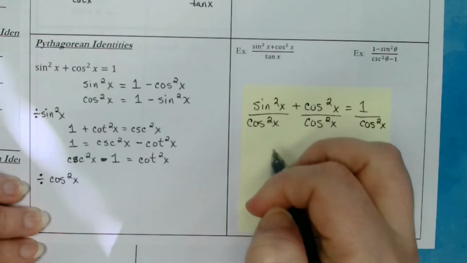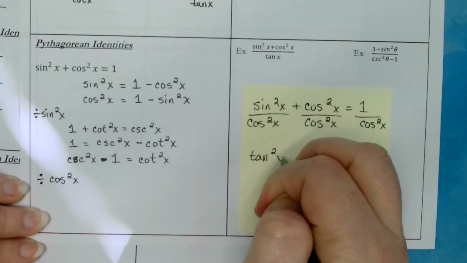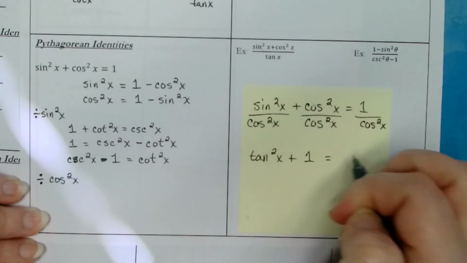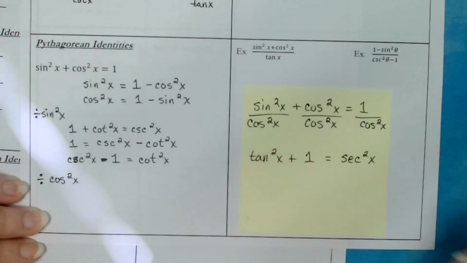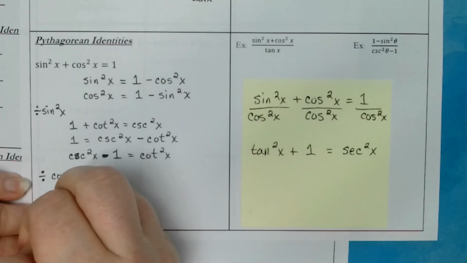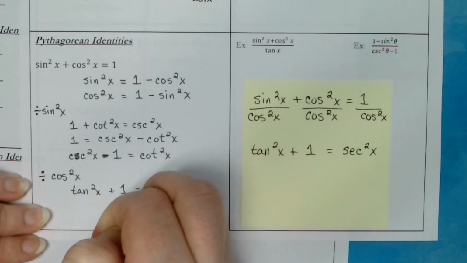Well, sine over cosine, that's going to be tangent. So that's tangent squared x. Cosine over cosine is 1. And 1 over cosine, that's secant squared. So my Pythagorean theorem works with tangent squared x plus 1 equal to secant squared x.